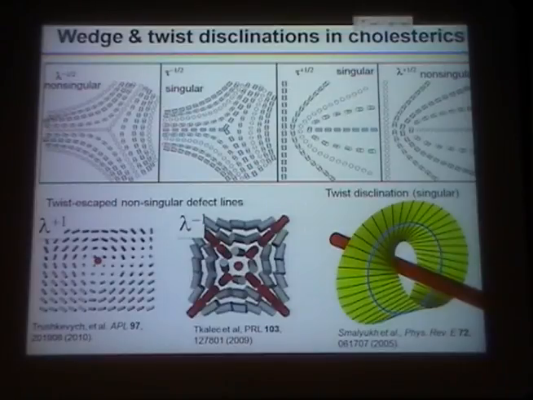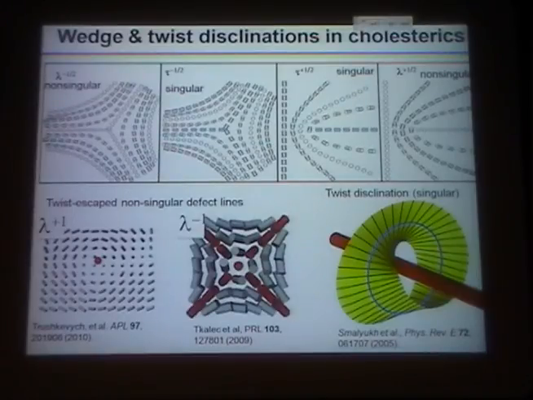And so it's important to remind ourselves of the different types of defects that can occur in cholesteric liquid crystals, because this twisted nature of cholesterics really increases the diversity of defects that we can have.